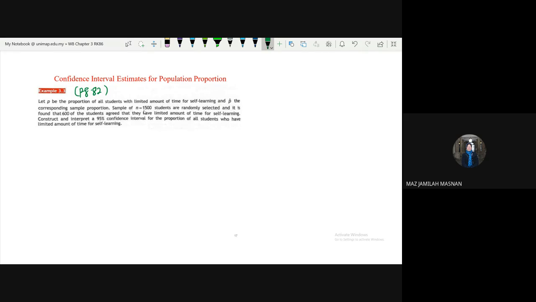A sample of n equals 1,500 students are randomly selected, and it is found that 600 students agreed that they have limited amount of time for self-learning. Construct and interpret a 95% confidence interval for the proportion of all students who have limited amount of time for self-learning.